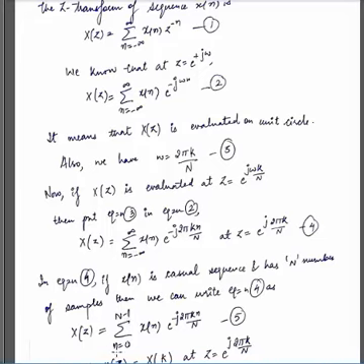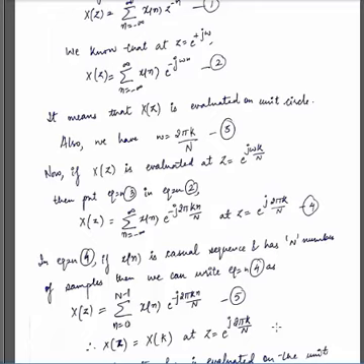It does not contain any negative value of n. Therefore, it becomes x of z is equal to summation n tends to 0 to n minus 1 x of n e raised to power minus j 2 pi k n over n. Equation number 5, at z is equal to e raised to power j 2 pi k by n.